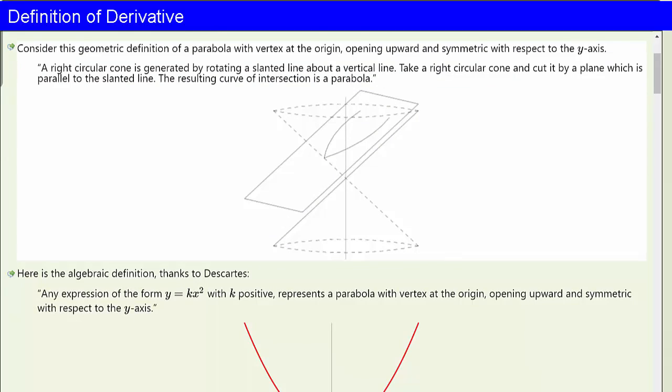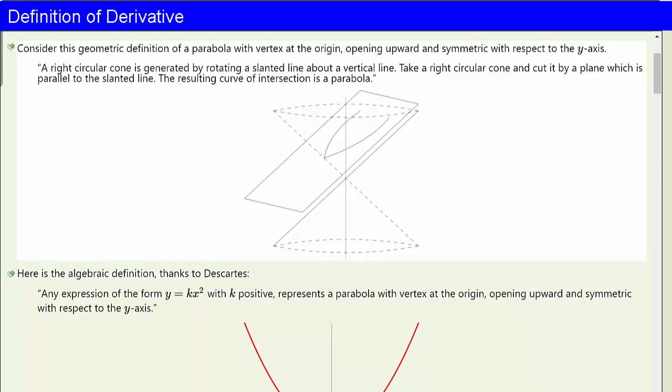As an example, consider this geometric definition of a parabola with vertex at the origin opening upward and symmetric with respect to the y-axis. A right circular cone is generated by rotating a slanted line about a vertical line. Take a right circular cone and cut it by a plane which is parallel to the slanted line.